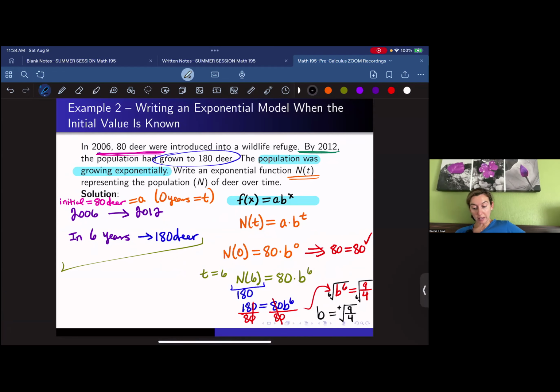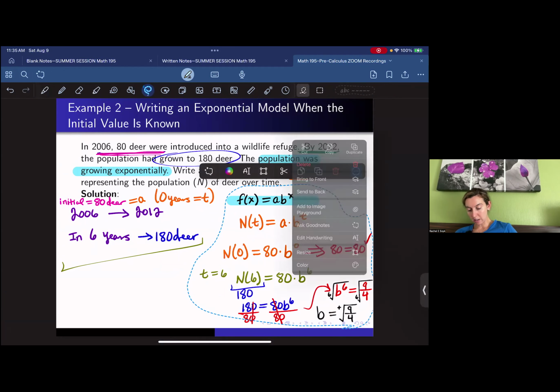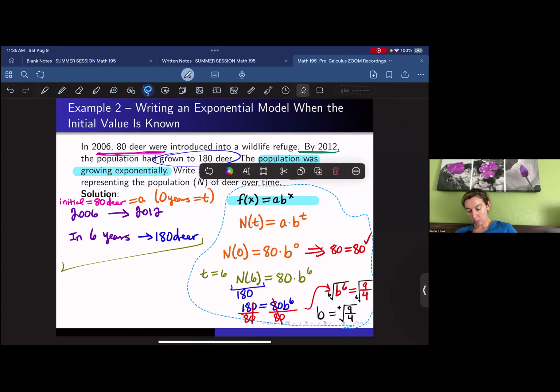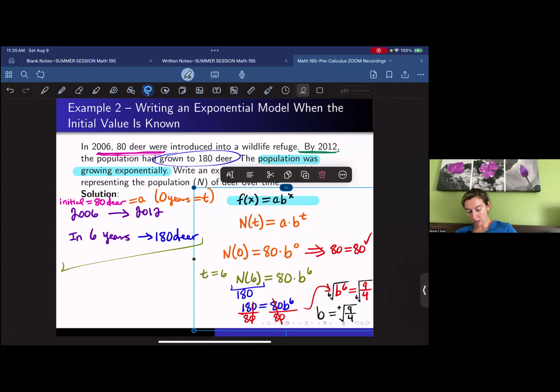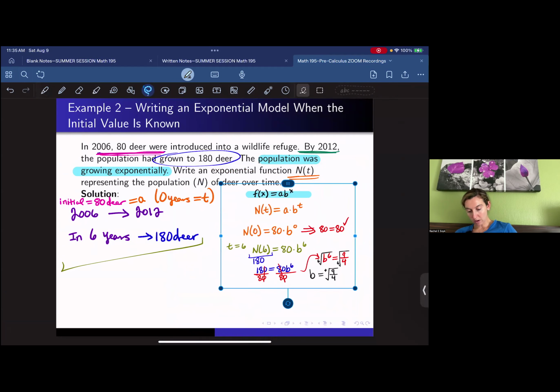And we just want to write the exponential function representing this. So now we have all of the information, we just want to put it back into that a times b to the t format. Now that we know what our a and what our b values are.